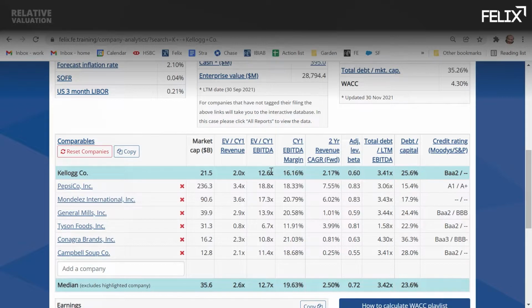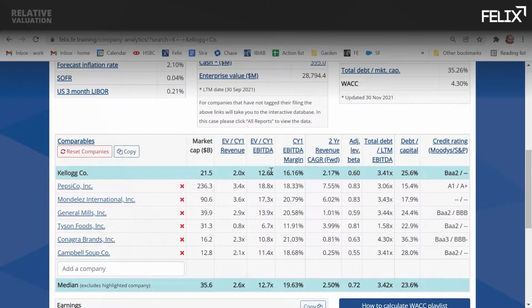So Mondelez and PepsiCo would have a lot more depreciation and amortization because of the acquisitions. EBITDA adds that all back, and so it puts acquisitive companies like PepsiCo and Mondelez on the same level playing field as someone like Kellogg and General Mills. And that's why it's such a popular metric.